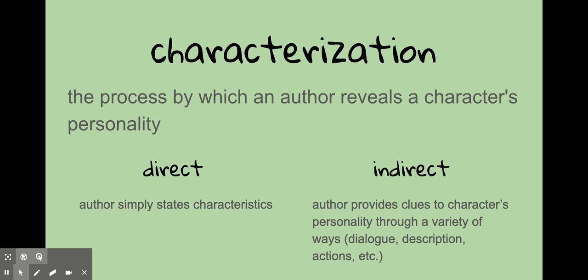Indirect, on the other hand, is when the author provides clues to the character's personality through a variety of ways. So the author can use dialogue, what the character says, how they say it, what other characters say about this character, description, how the character dresses, carries themselves, and then actions, the things that the character does, can also reveal a lot about the character's personality.